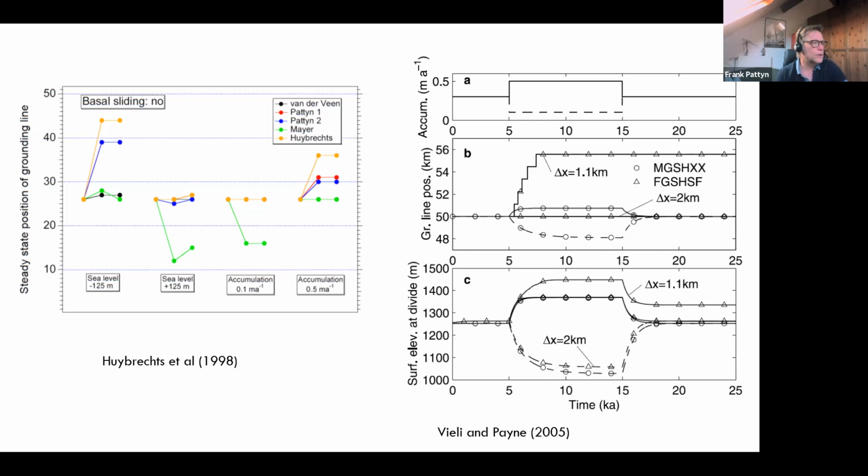And the problem was there with resolution, because here the resolution was way too coarse. That was later shown in this paper by Andreas Wili and Tony Payne, the importance of spatial resolution in having ice sheet grounding lines advance and retreat properly.